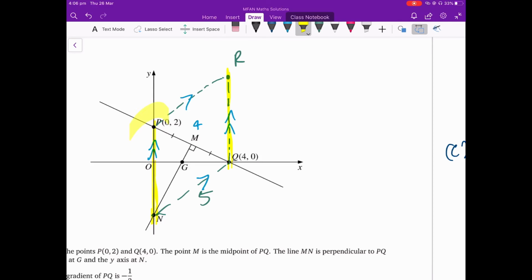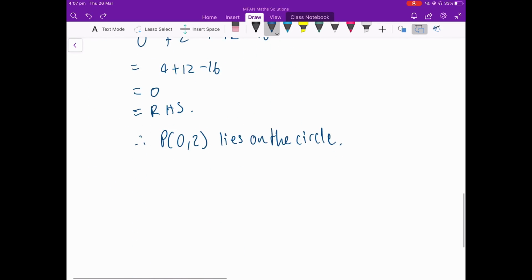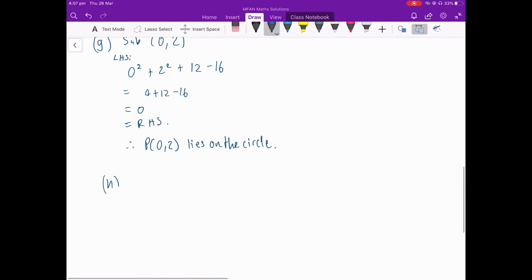Now, on the left here, we know that's a vertical line, and it's a vertical line of 5. So very simply, all we have to do is look at this point here and add 5 to the y. So it'd just be (4, 5). So H, okay, so R would be (4, 5), see the diagram.